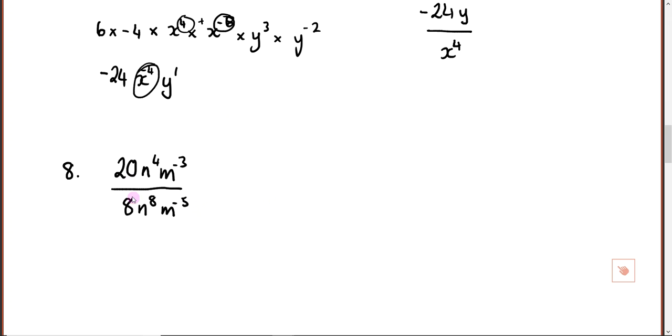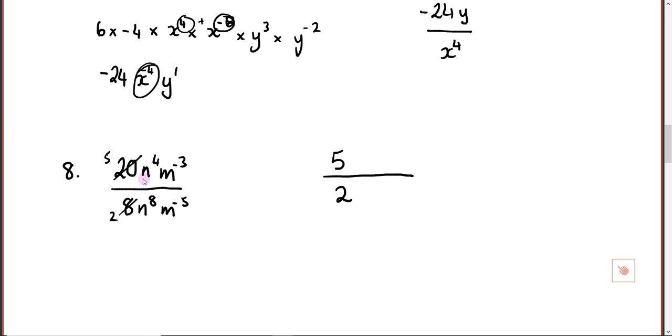So 20 divided by 8, not 20 add 8 or 20 subtract 8 or 20 times 8. It's 20 divided by 8, which we have to simplify down to 5 over 2.